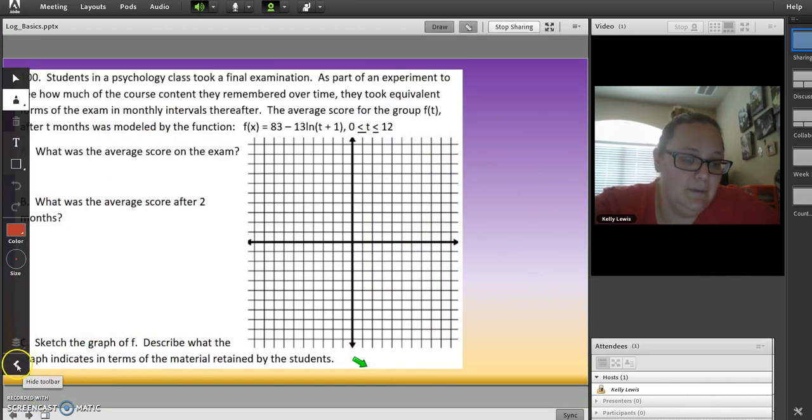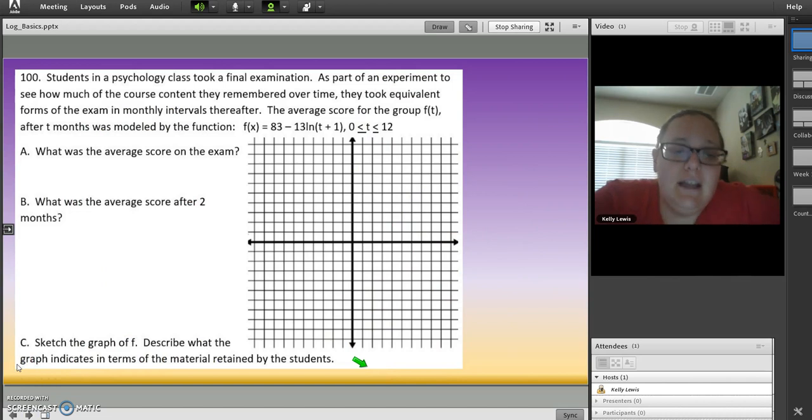All right, this is a really good problem. Students in a psychology class took a final as part of an experiment to see how much of the course content they remembered over time, and they took equivalent forms of the exam in monthly intervals after. The average score of the group, f of t, after t months is modeled by that guy right there. What was the average score on the exam?